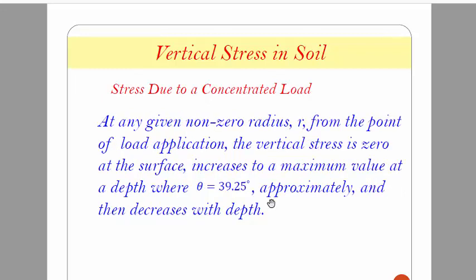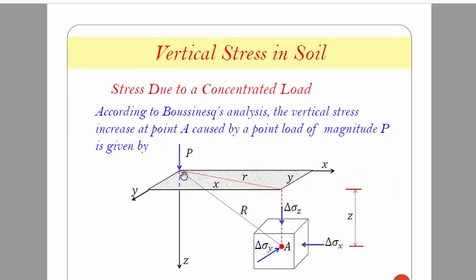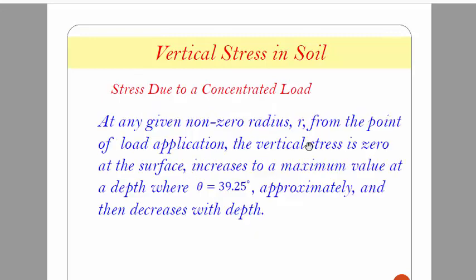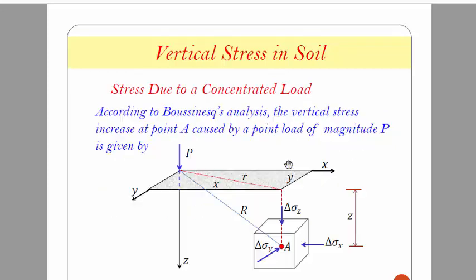Also remember, at any point at a non-zero radius r from the point load, the vertical stress is 0 at the surface and increases to a maximum value at some depth. That means when r is 0, this value is 0.